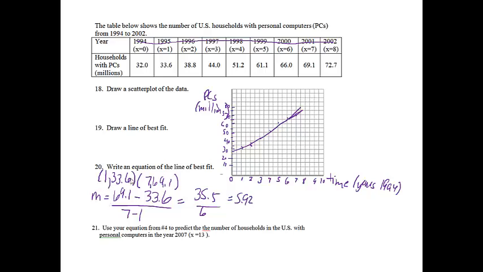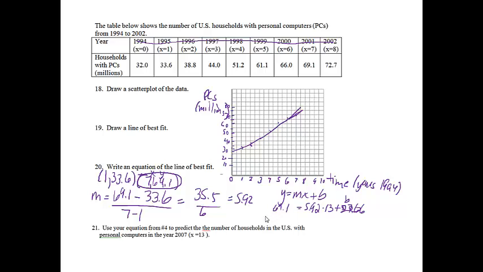Now I need to pick one of the points, and I'm going to pick the point right here. So I'm going to have y equals mx plus b. My y value is 69.1, and if you didn't label them as x and y, you might want to do that. And then equals m, which was 5.92, times x, which was 7, plus b, excuse me.